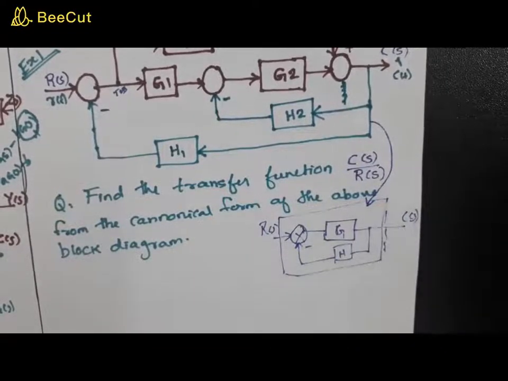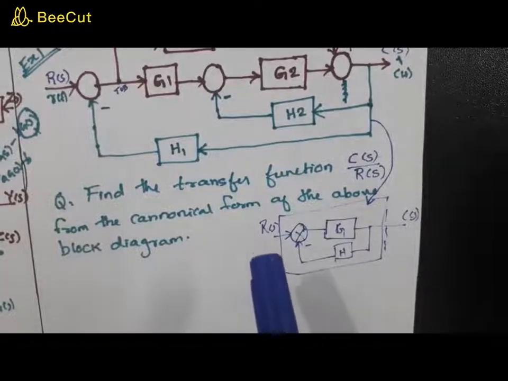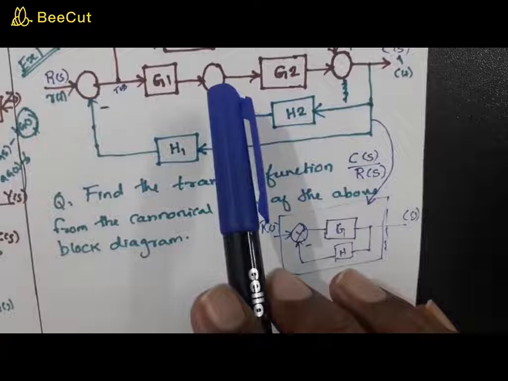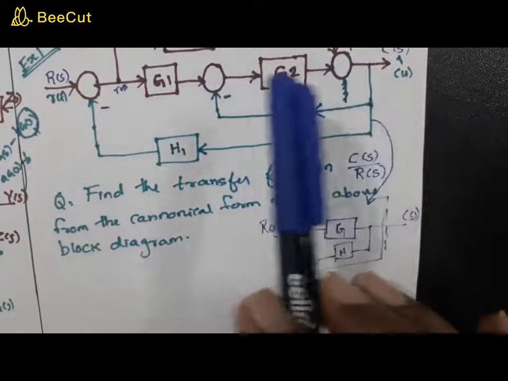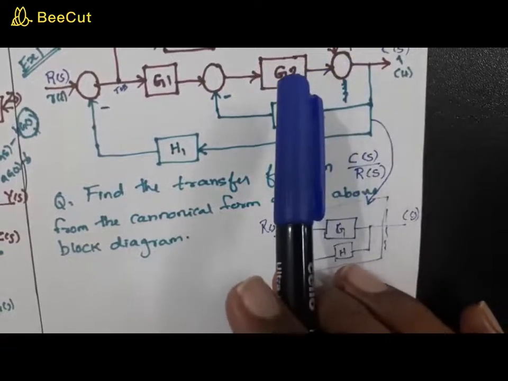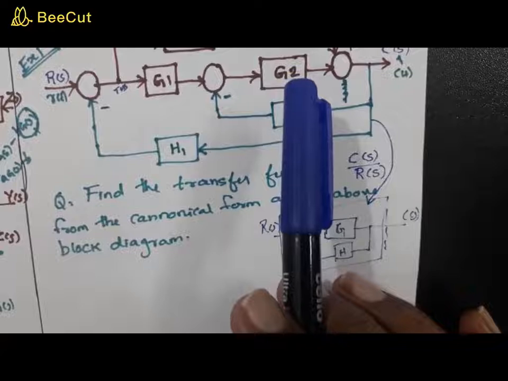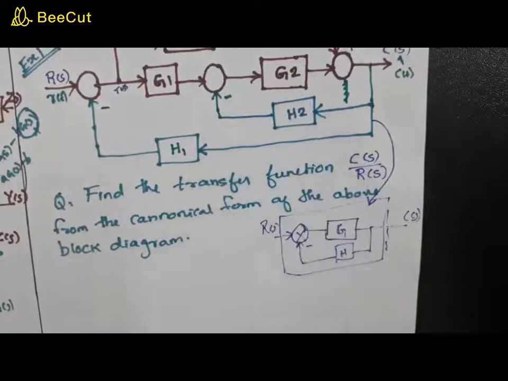Now, we have already studied in the last video that changes can be made in the position of the summing point or the takeoff point, before the block and after the block, based on an objective. What is that?